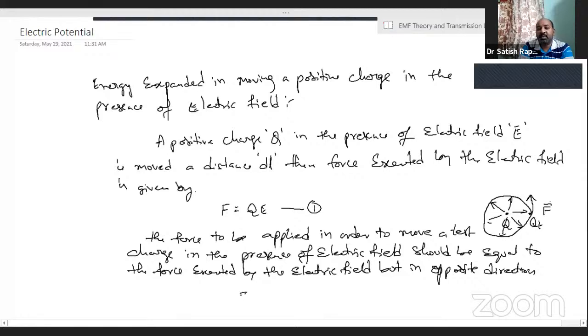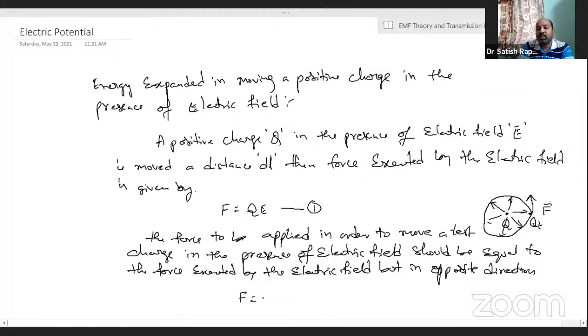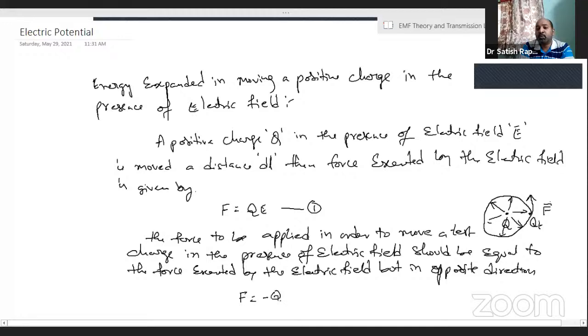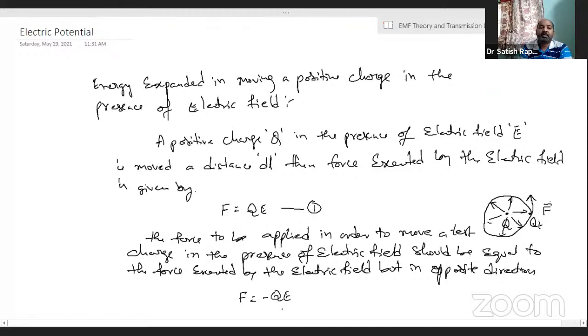So therefore F is equal to minus QE, right? So this much force we need to apply on a test charge.